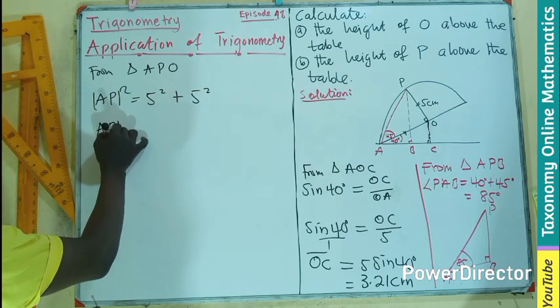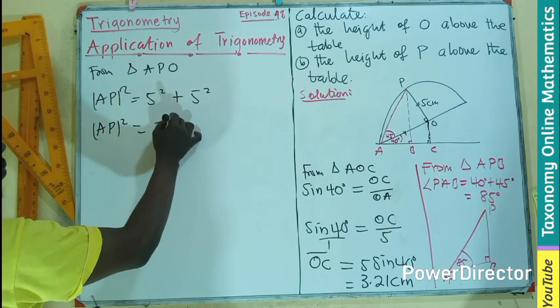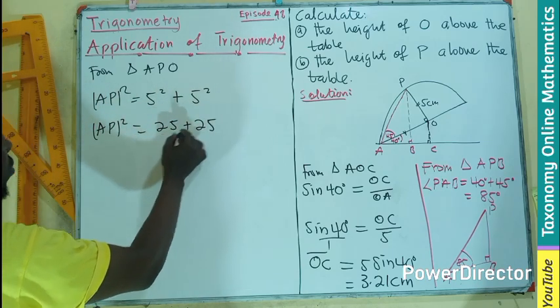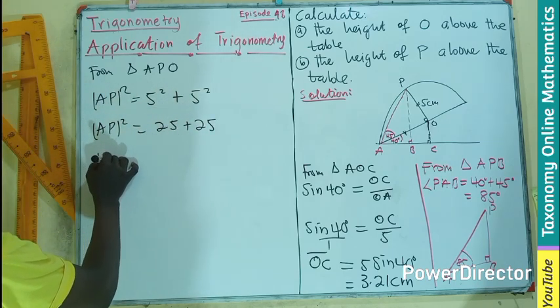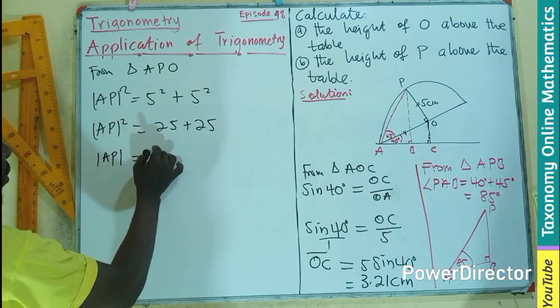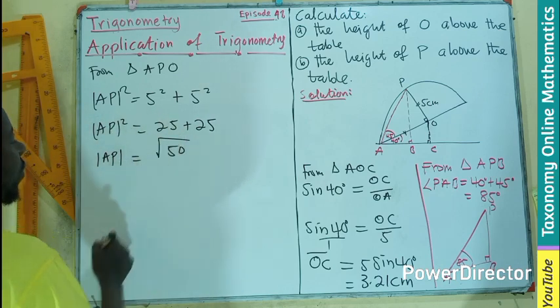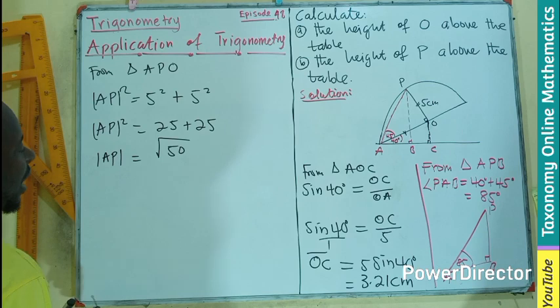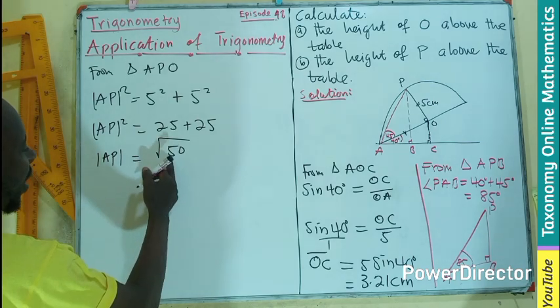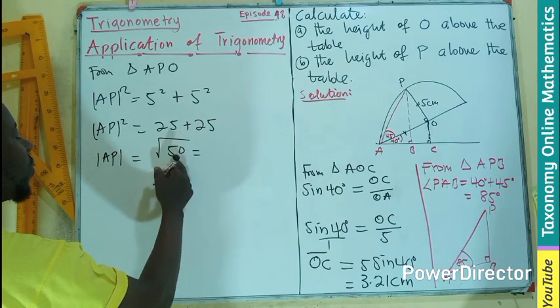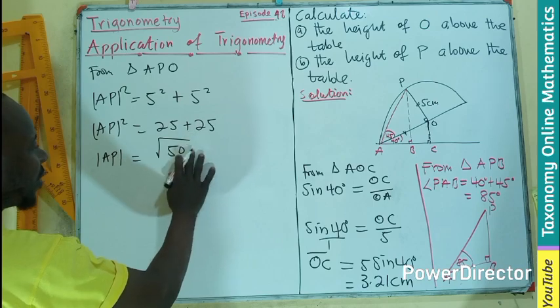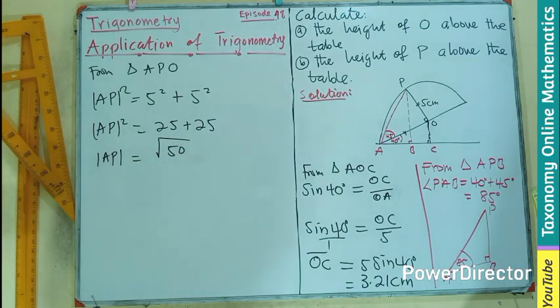So AP squared will be 25 plus 25, so AP will be the root of 50. Let's leave it like that since we are going to use it.